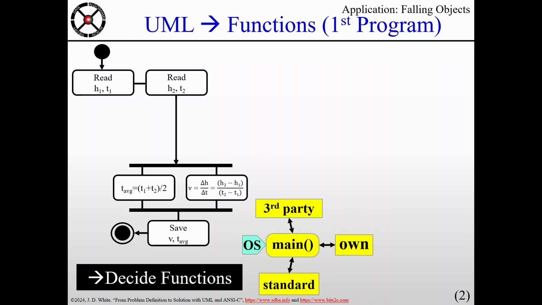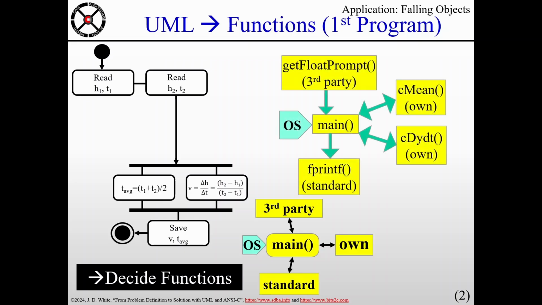So in order to demonstrate this, I would break this into functions maybe like this. Okay, I decide I'm going to use a third-party function, getflowprompt, to read H1 and T1. That's from jinlib.h. I'm going to write my own function to calculate the mean, that is the T average equals T1 plus T2.